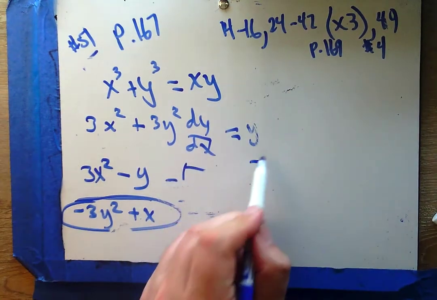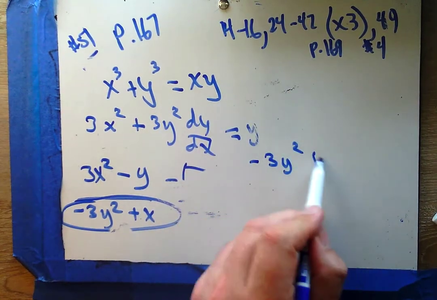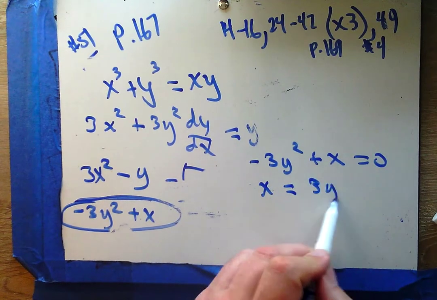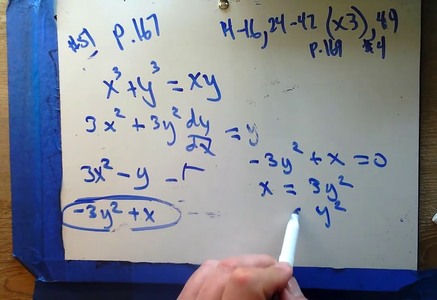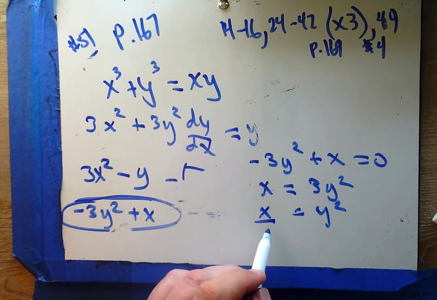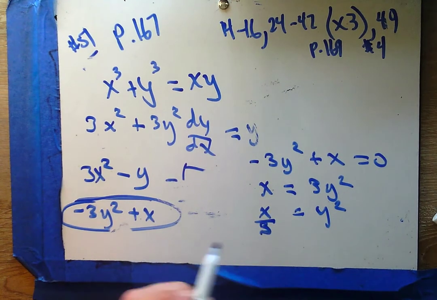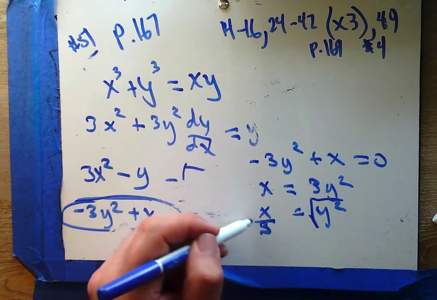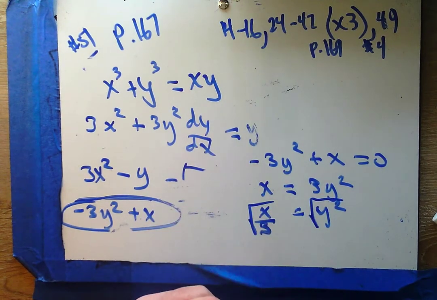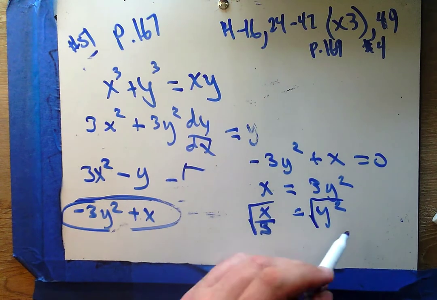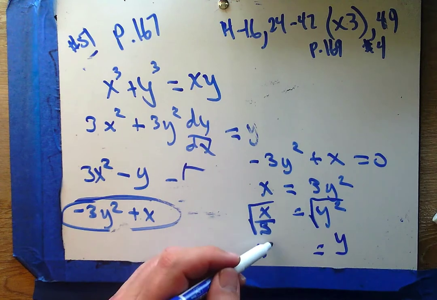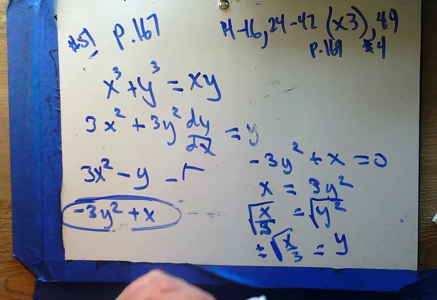So we want to know when negative 3y squared plus x equals 0, or x equals 3y squared, or y squared equals x over 3. And so then, ew, I don't like where this is going. This is going to a nasty place. So y is equal to plus and minus the root of x over 3.